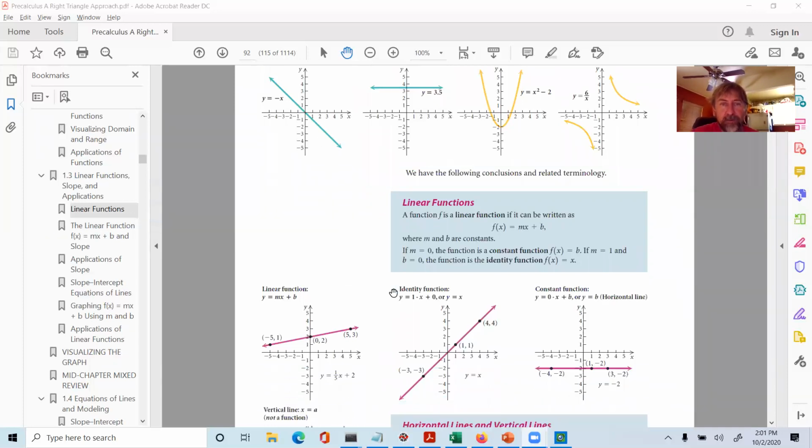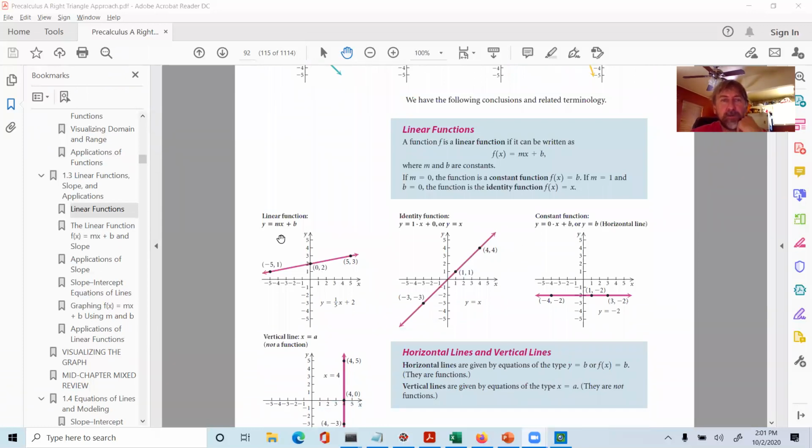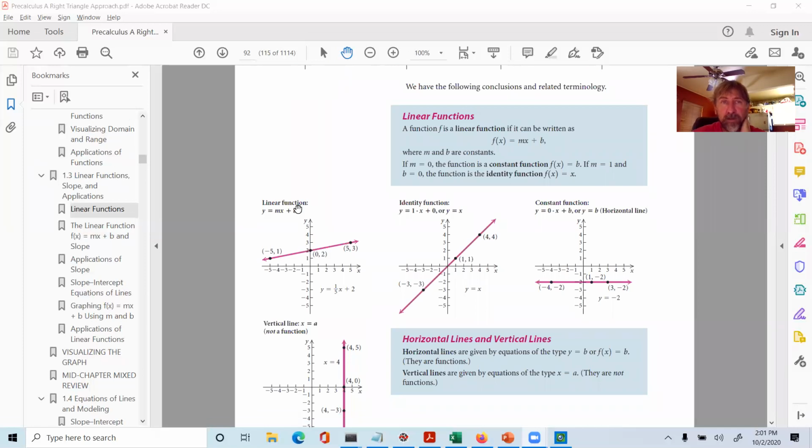Okay, so linear functions, y equals mx plus b. We can solve for the slope, y2 minus y1 over x2 minus x1, and then put them in our form. I've been saying this since the first one here, but y equals mx plus b. So here our slope is 1/5 and our y-intercept b is 2.